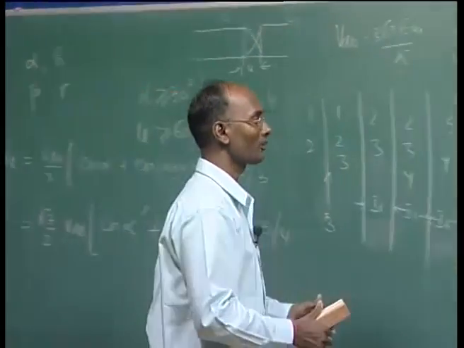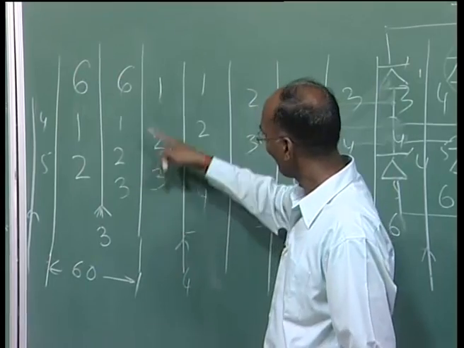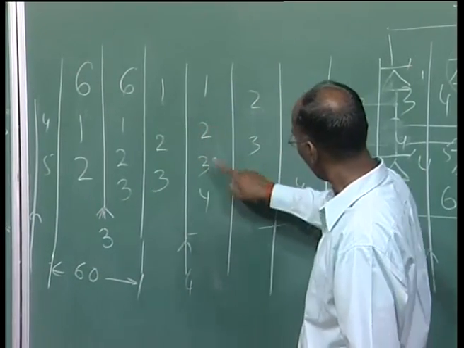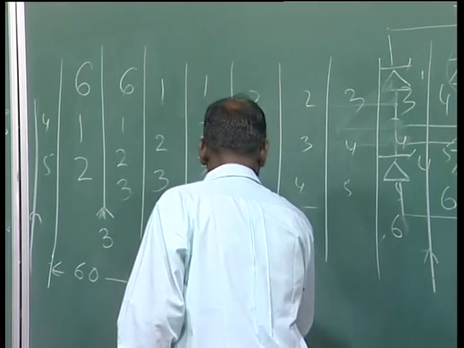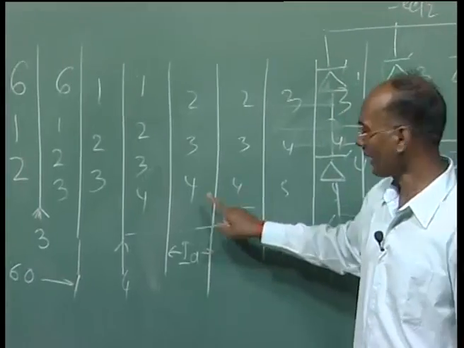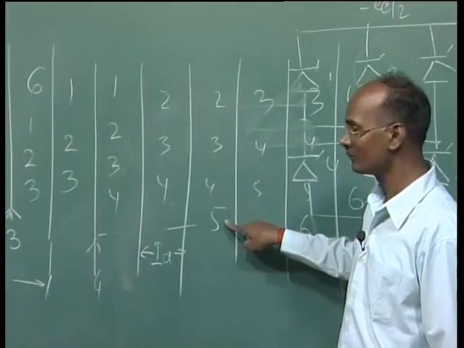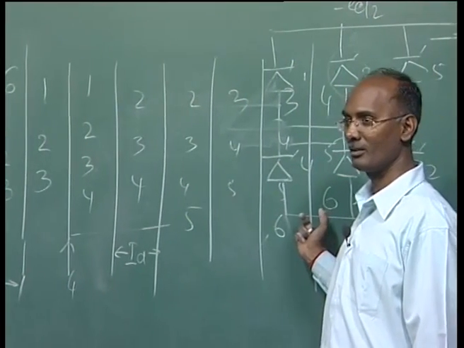Now, in this condition you can say always here it is 1 and 3, 1 and 3, 1 and 3, only in this portion your current is ID in valve 3. Again it is sharing here, here it is sharing, and here it is automatically off.